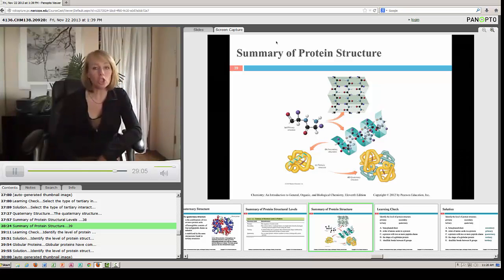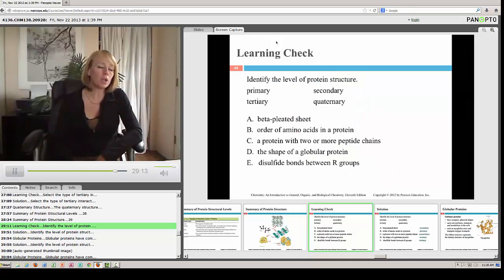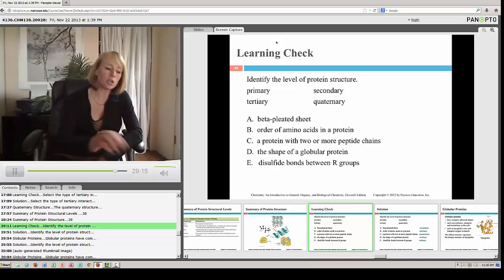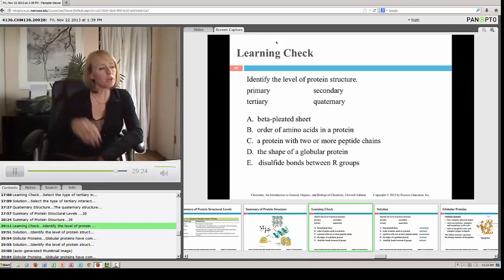If you're talking about the protein overall, you're probably actually talking about the quaternary structure. I take that back. And with disulfide bonds between the R groups, we're talking about the tertiary structure there that influences them. And my answers that said tertiary would have been one of those iffy questions, because if you were talking about the shape of the globular protein, you might be talking about all of the different protein chains together.